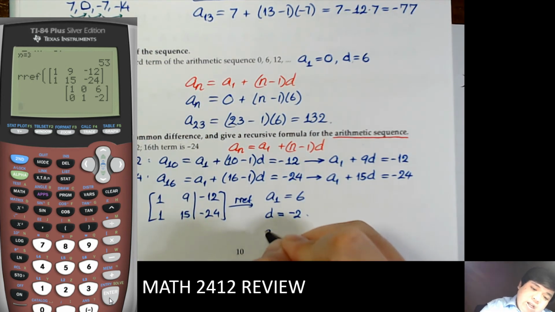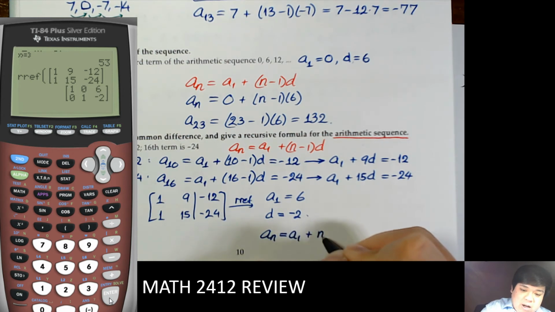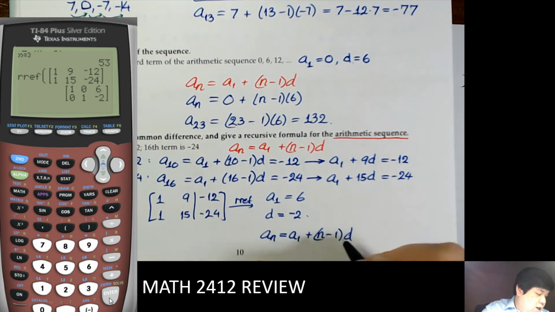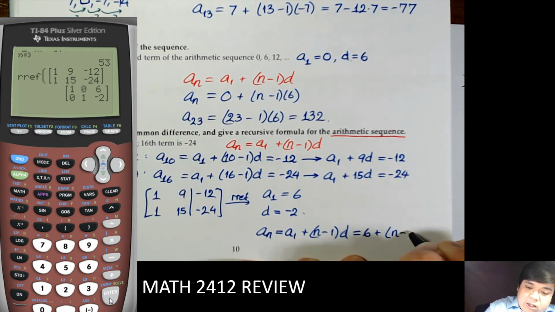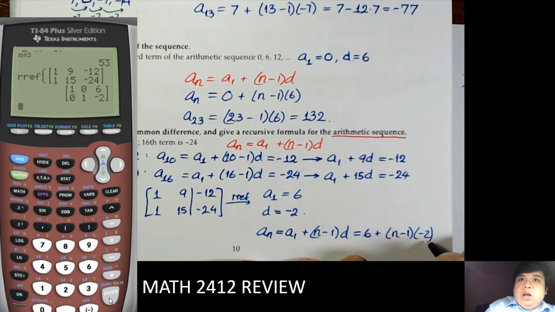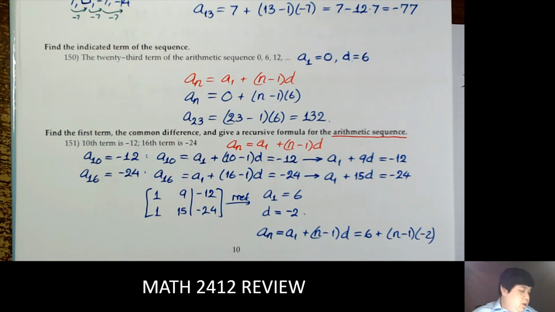So the formula is an equal to a1 plus n minus 1 times d if we want the formula, which is perfectly fine here. 6 plus n minus 1 times negative 2. Right. However, this one wants a recursive formula. So this is arithmetic.